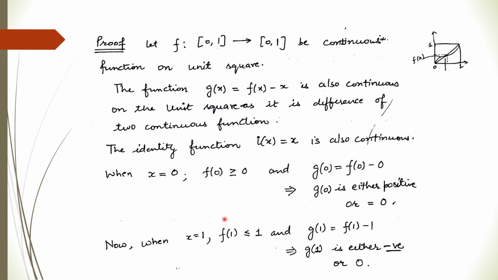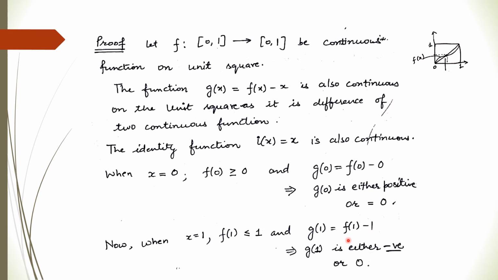So what is g at 1? It will be f(1) minus 1. Since f(1) is less than or equal to 1, this is negative or zero, so g(1) is less than or equal to 0.